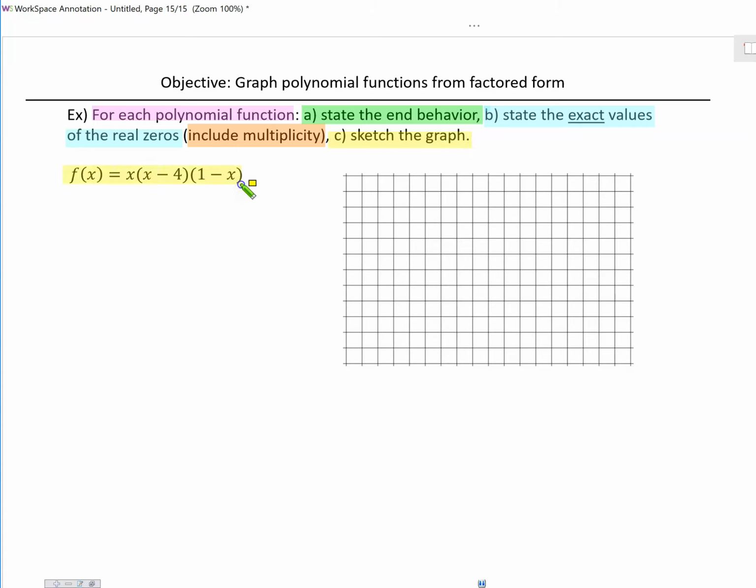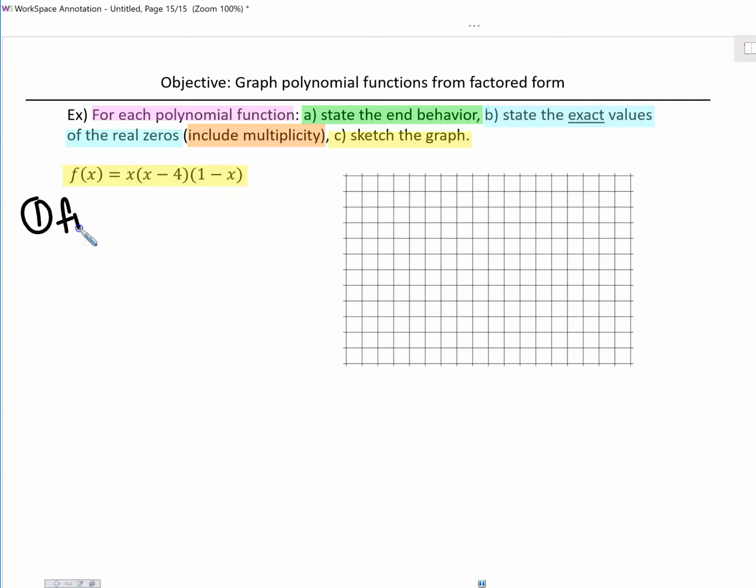All right, so here is our function. The first thing we're going to talk about is how do we figure out the first term of this in its standard form? Like if it was all multiplied out, what would be the first term in its standard form?